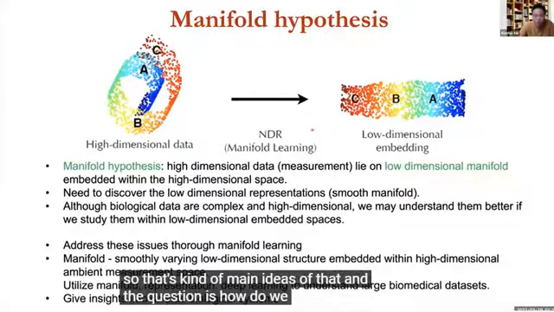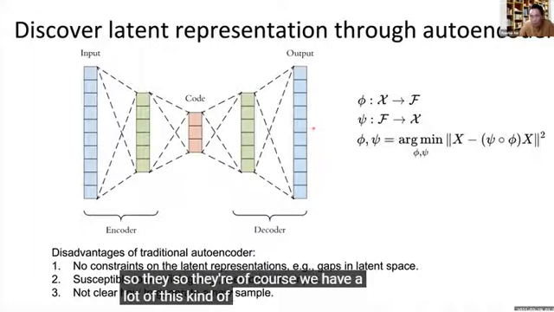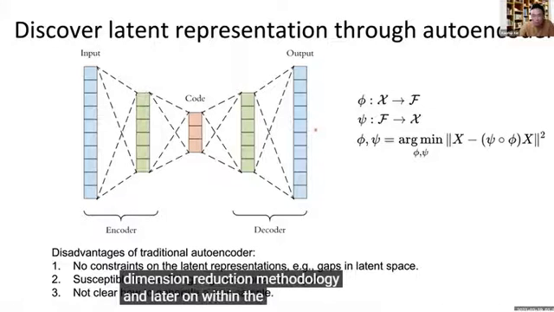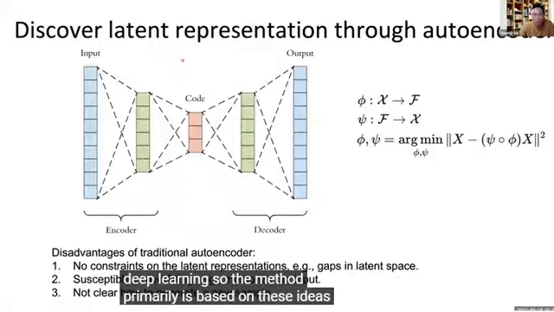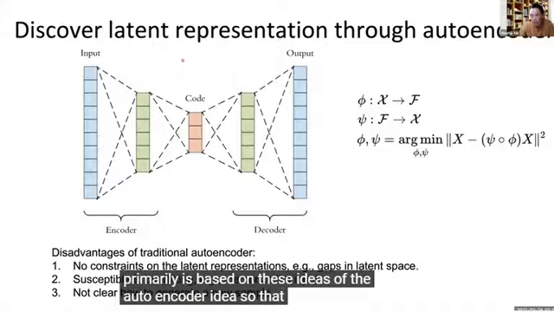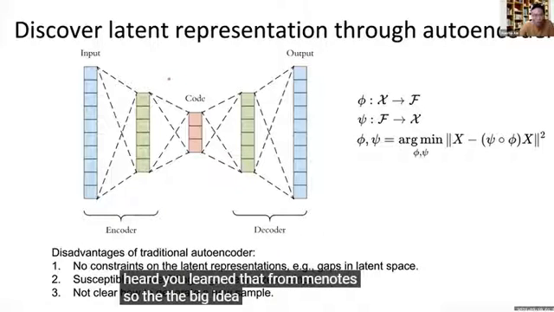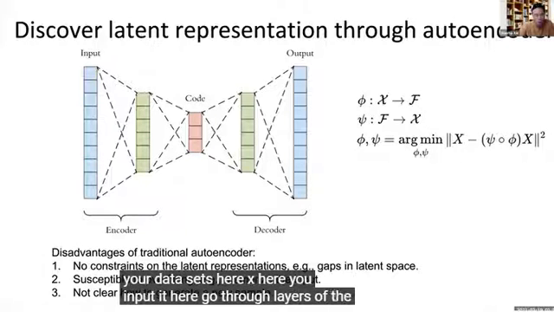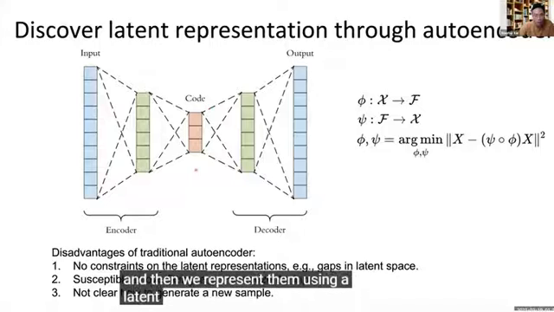And the question is, how do we do this? First, we have a lot of traditional dimension reduction methodologies. Later, within the field of deep learning, the methods are primarily based on the autoencoder idea, which I'm sure you learned from Manolis. The main idea is this: you have your data set X as input, it goes through layers of computation, and then we represent it using a latent representation.